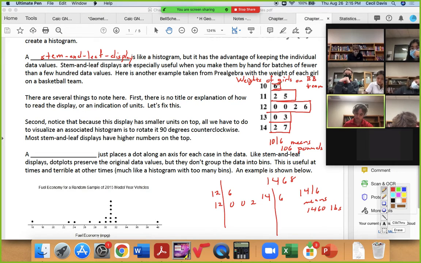Now, most of the time in your book, they almost always do the larger values on top and the smaller values on bottom. So if you could rotate it, you then have to flip it over to get what the histogram would look like. Any questions about that?